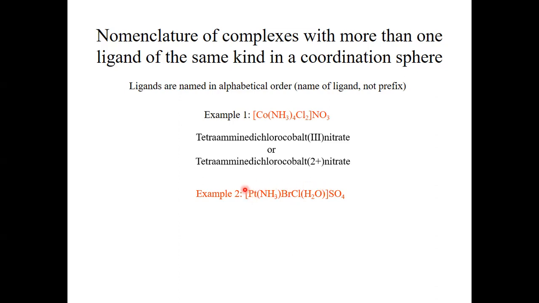The platinum has the oxidation number. Wait a sec. You said 2 sulfate or 4 sulfate? 1 sulfate. One, 2. I'm sorry, 2. Okay, let me just double check on that.